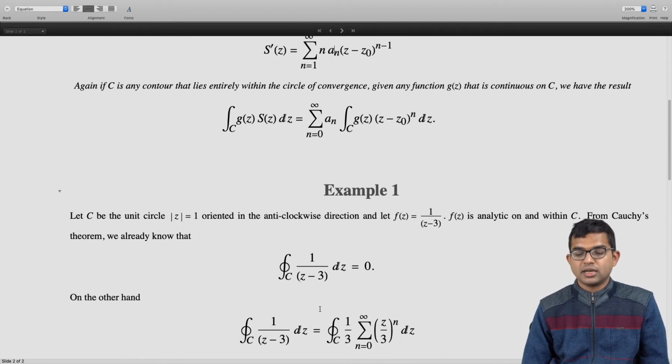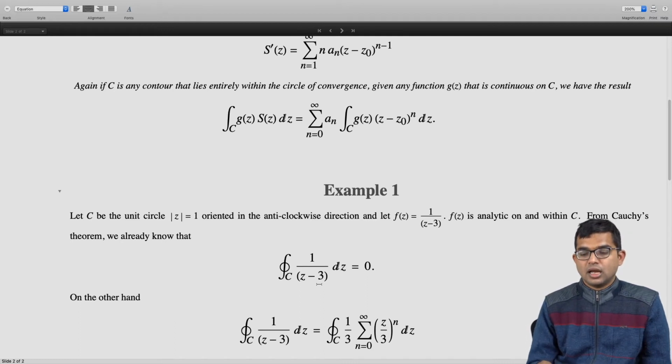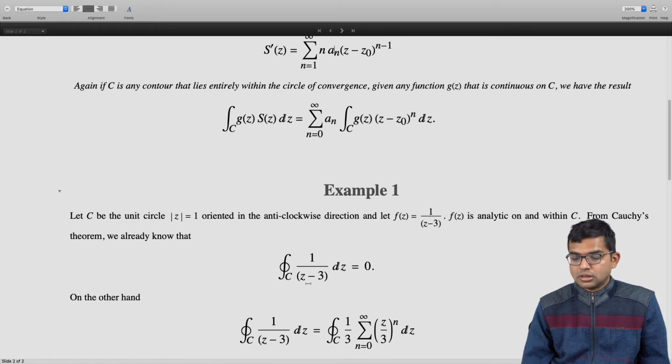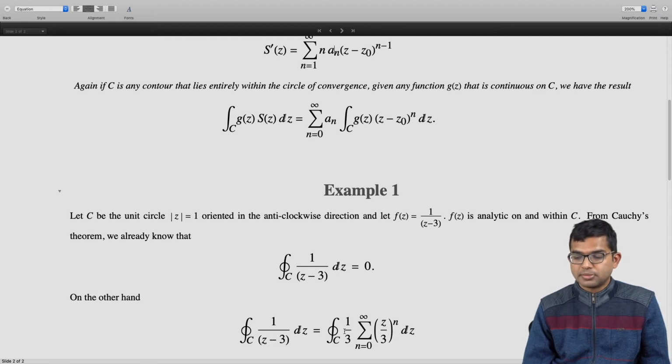But on the other hand, we can actually expand this 1 over z minus 3. You can pull out this 3 from the denominator, so you have 1 over 3 times z over 3 minus 1. There is perhaps a sign that we should take care of.